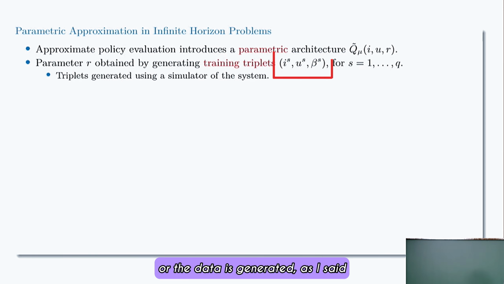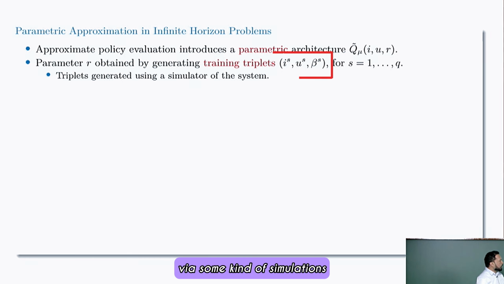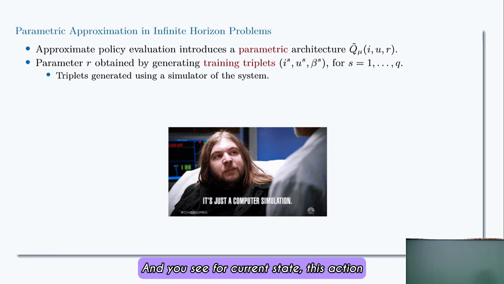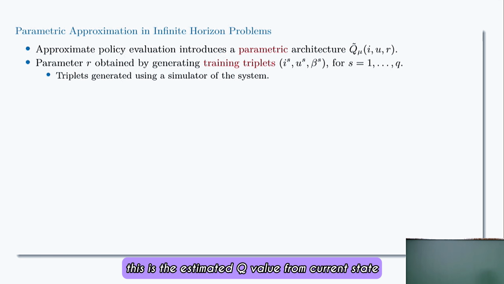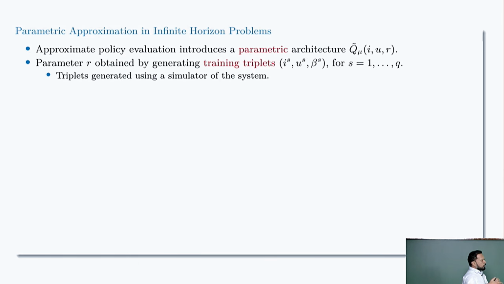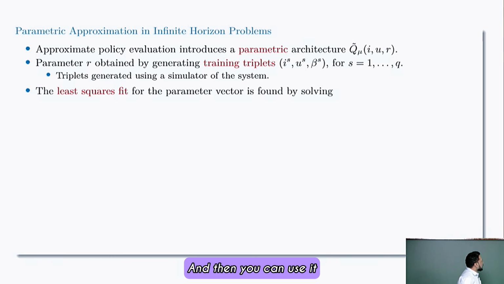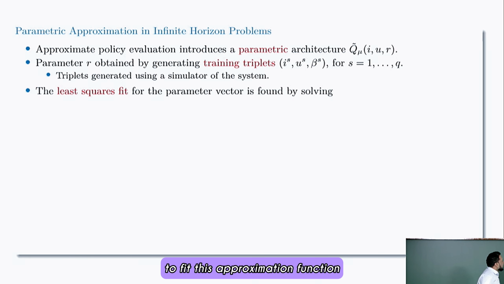Now this training triplet, or the data, is generated, as I said, via some kind of simulations or Monte Carlo simulations you can do. And you see, for the current state and this action, this is the estimated Q value, and you do it for a large number of data, and then you essentially get a data set, and then you can use it to fit this approximation function, the parametric function, on these data.